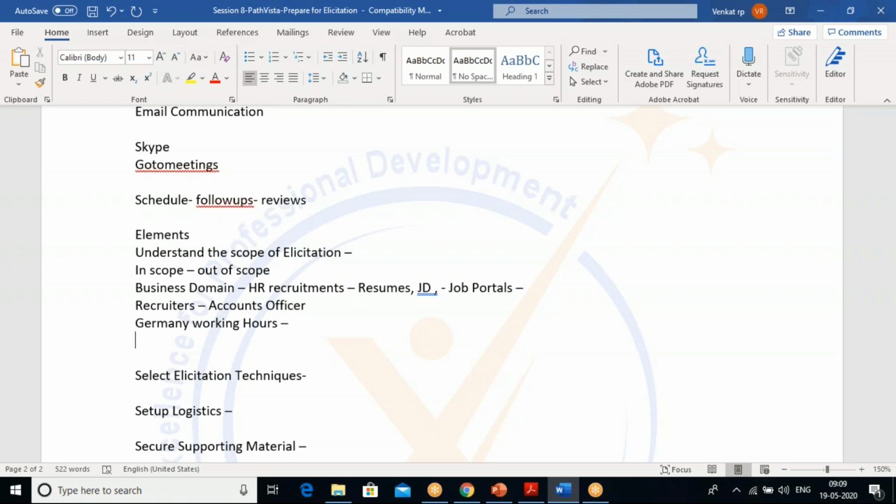Stakeholders' location, and the stakeholders are HR, recruiters, and requirements for automation of time. Yeah, those are the points which I put.